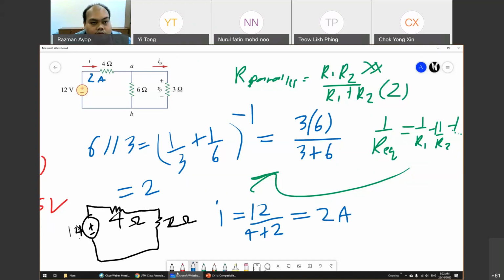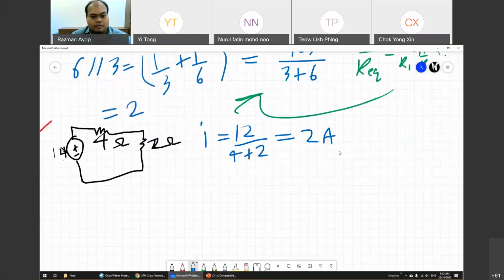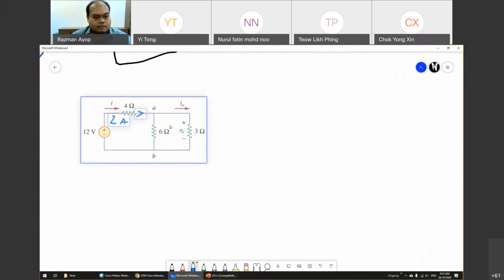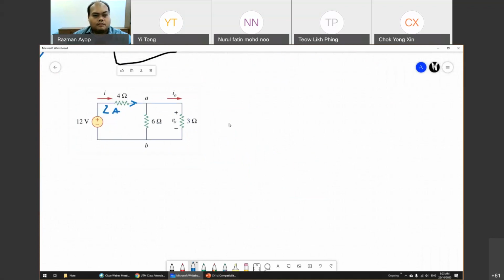So you apply the Kirchhoff voltage current division rule. You get the current here, so you have to use the current division rule. So I out, what is I out equal to?